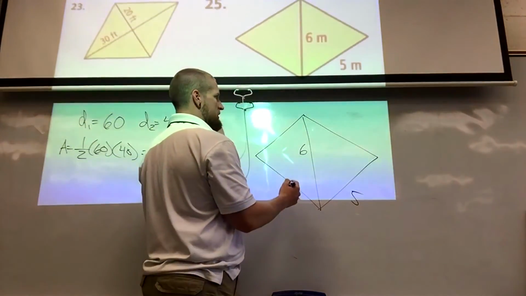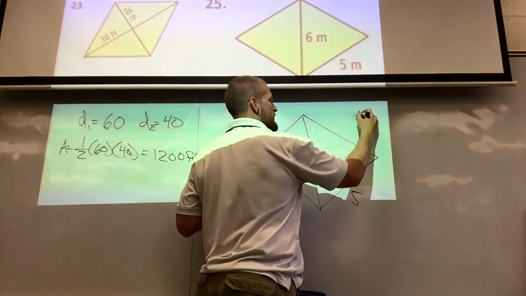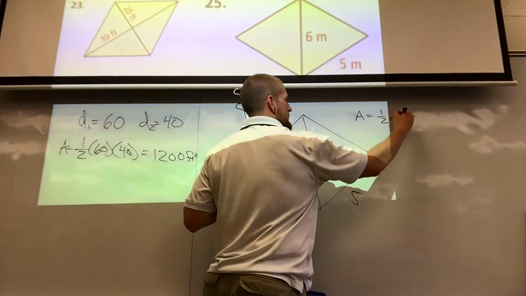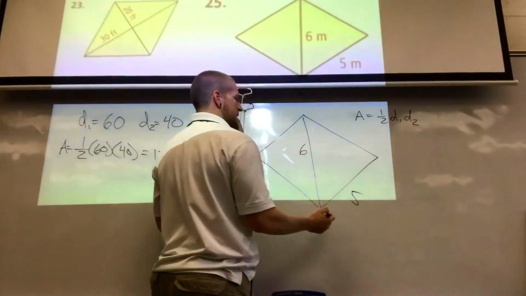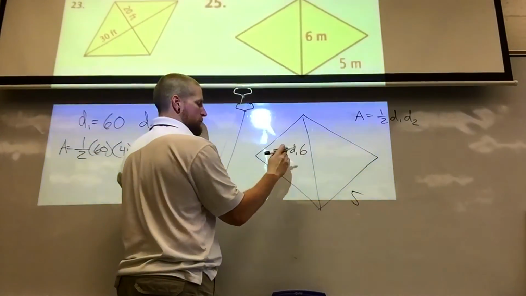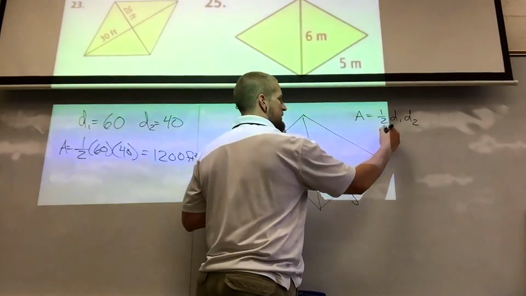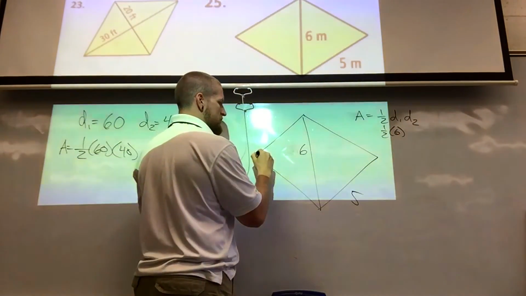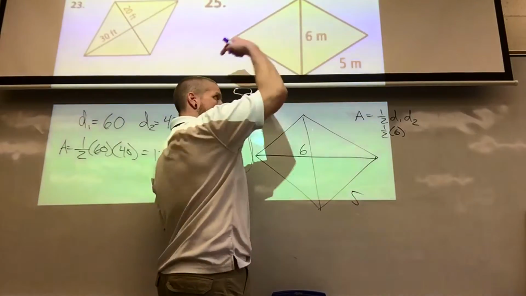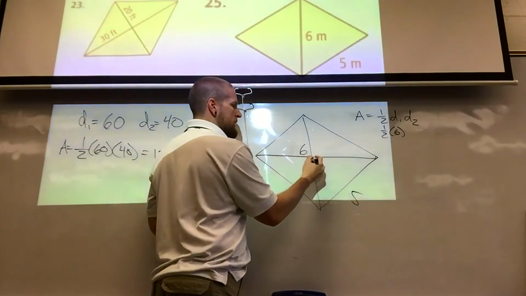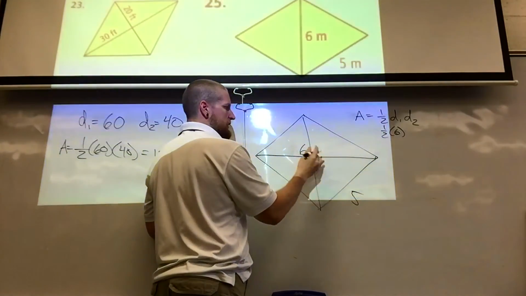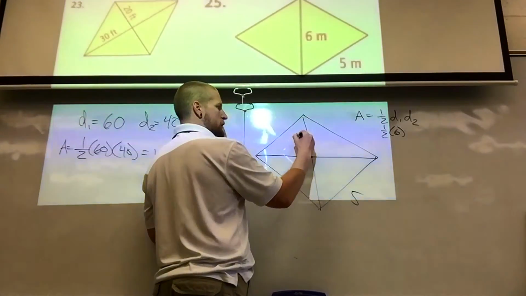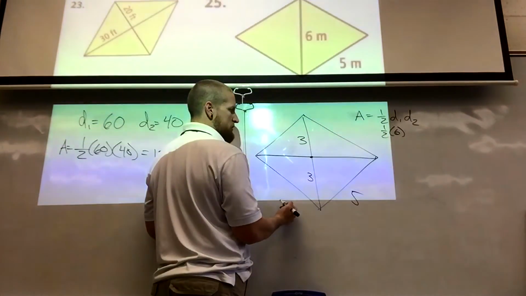Okay, this one here is another very common one with the rhombus. They're going to give you this because you know that in order to find this, I need both the diagonals. This is one of them. Okay, so I got one of the numbers there being 6. The other one, if I drew it in there, using what was over on the last one, as soon as you draw this diagonal in there, it's going to take this one that you already know and cut it into 2 equal parts.